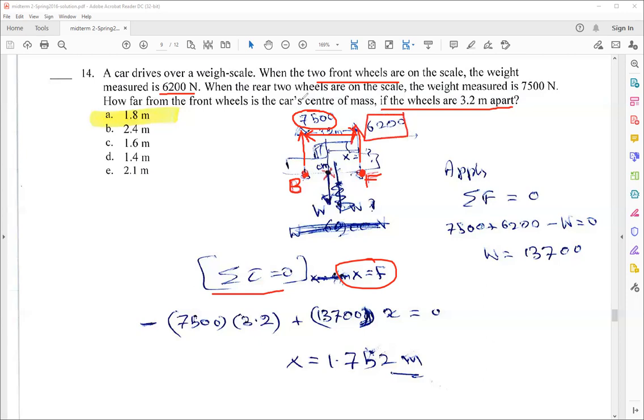Now we put the two together. One will be causing a counterclockwise rotation, the other a clockwise rotation. The one from the back will be clockwise. For the front, counterclockwise, so this is CCW.